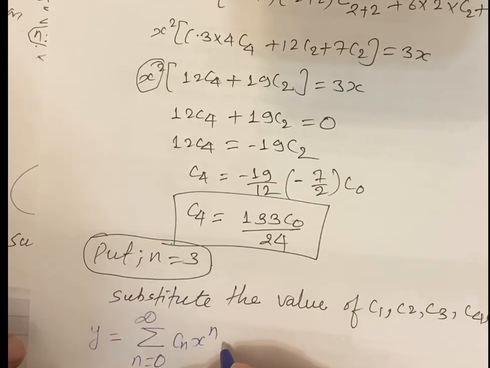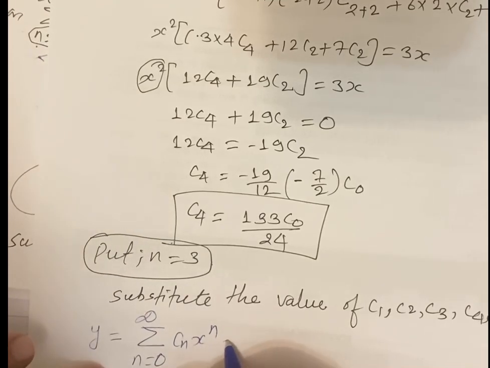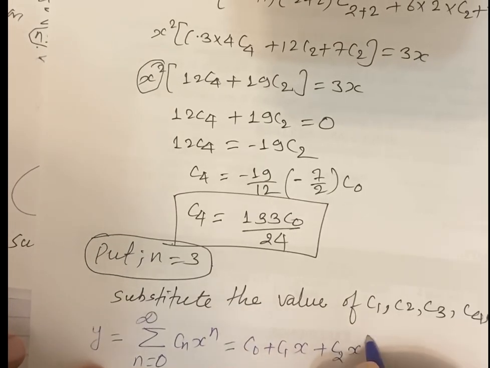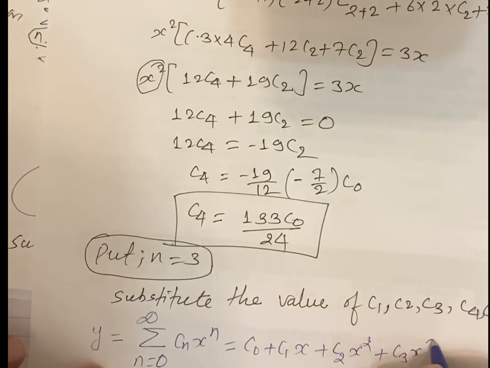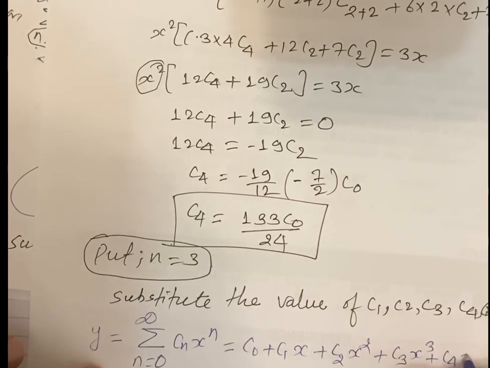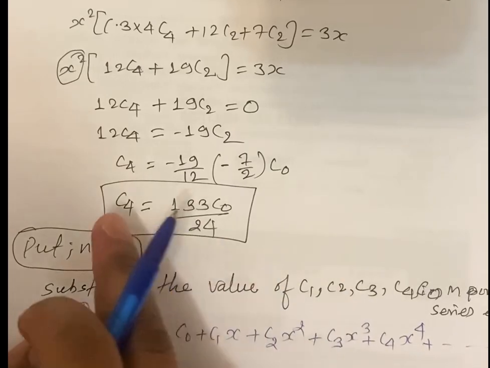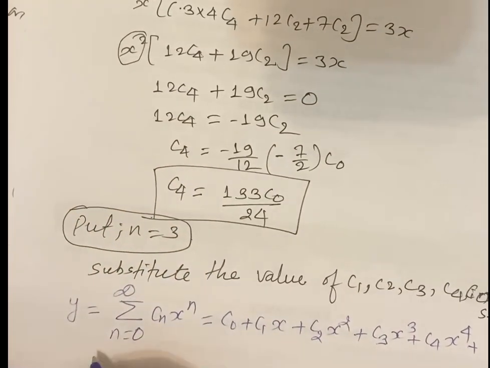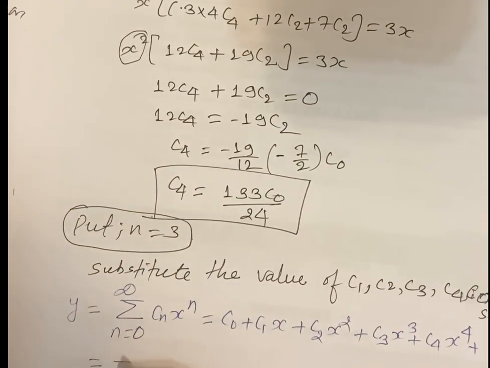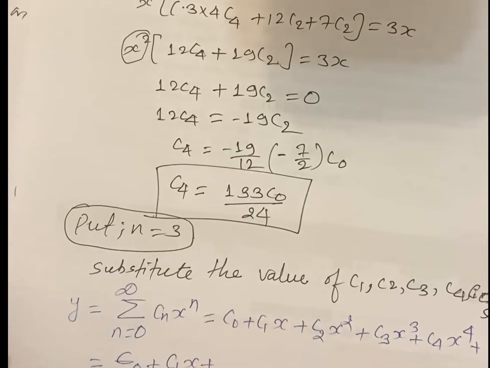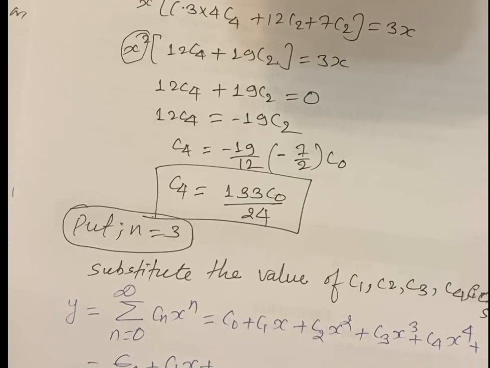Since the center of the series is 0, this is c0 plus c1 into x plus c2 into x square plus c3 into x cube plus c4 into x4 plus dot dot dot. I am writing this only up to c4 because I have found c4. So c0 plus c1 into x, because we didn't find c0 and c1, and we have derived all the terms in c0 and c1.